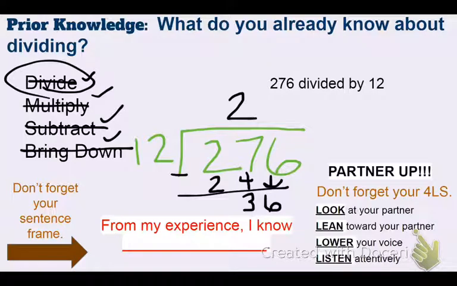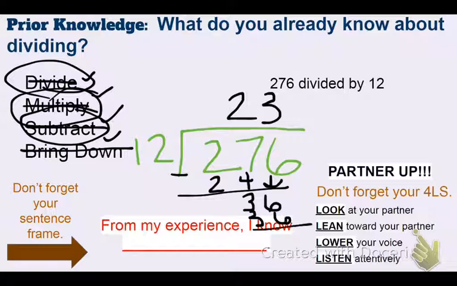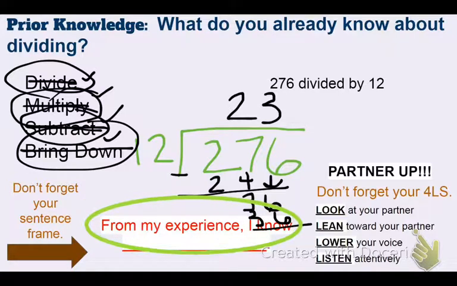Well, I know 12 times 3 is 36. What's after multiply? Subtract. There's nothing left to bring down. So what I already know about dividing, from my experience, I know the steps of division, and that's going to help you today. Divide, multiply, subtract, and bring down.